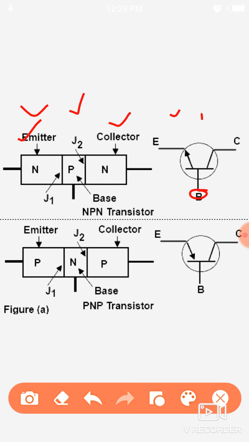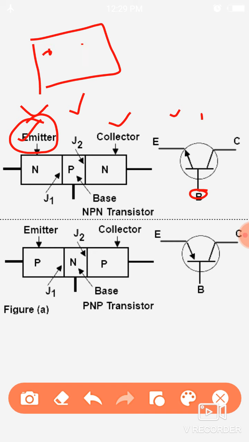In an NPN transistor, the emitter is a highly doped area with impurity of the fifth column.